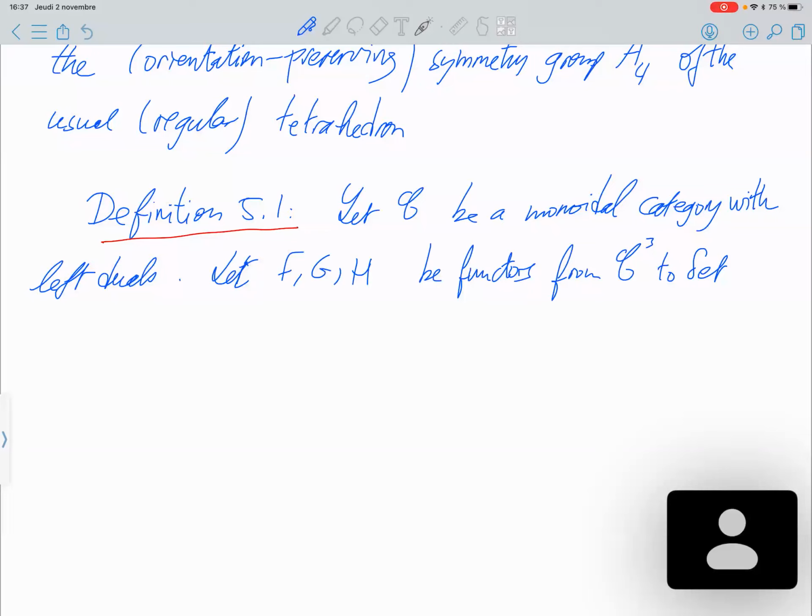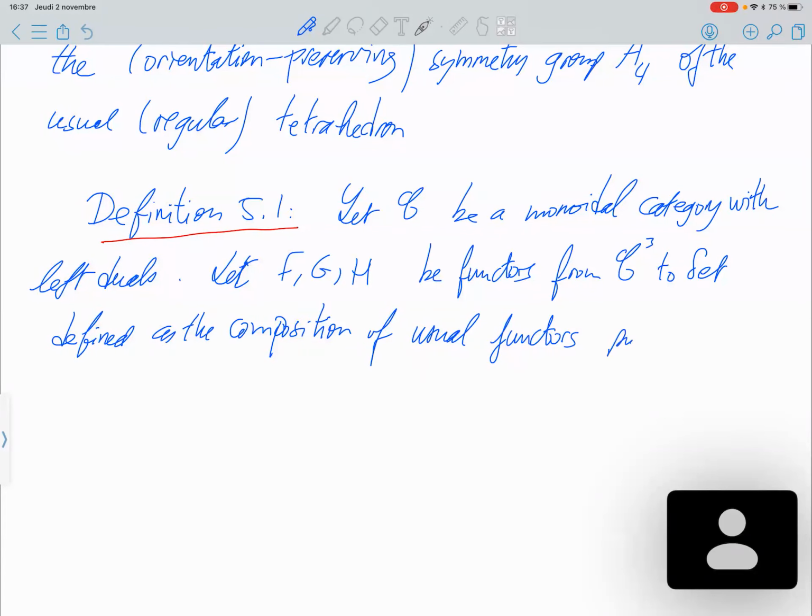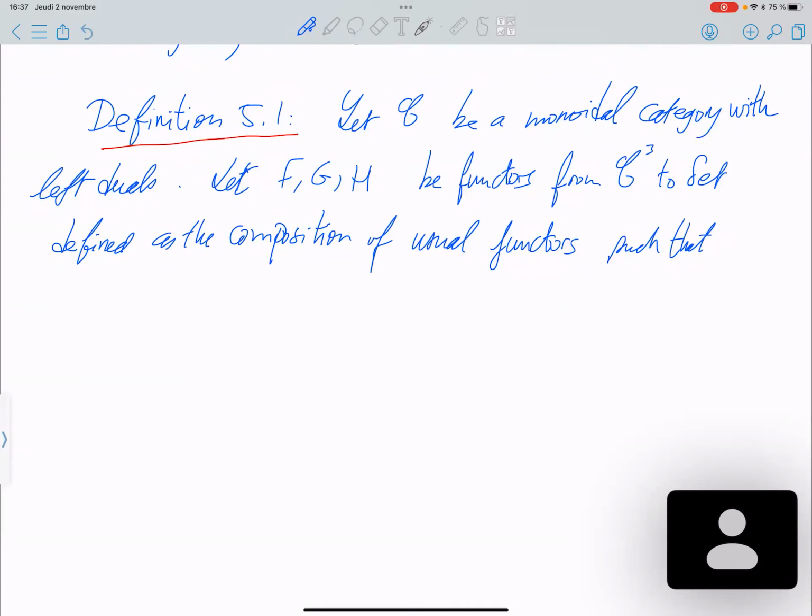So these functors are defined as the composition of usual functors such that F of x, y, z equals the hom space between 1 and x tensor y tensor z.